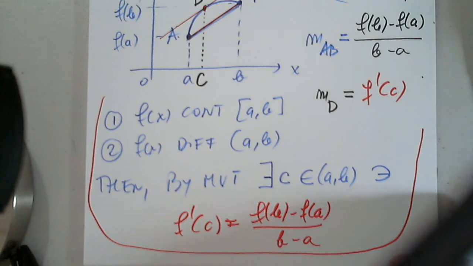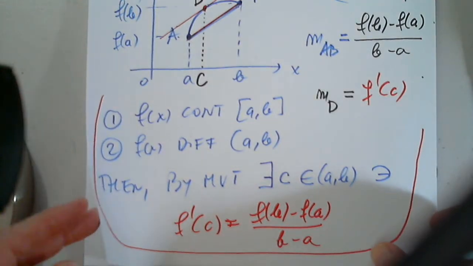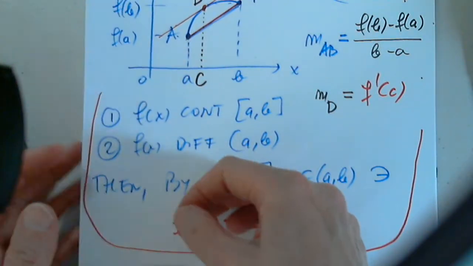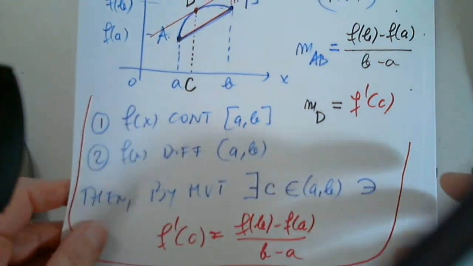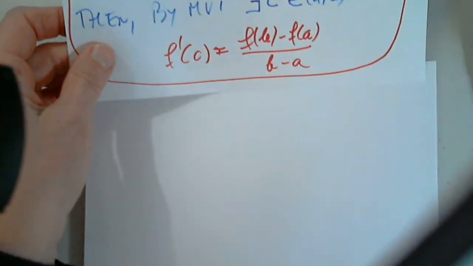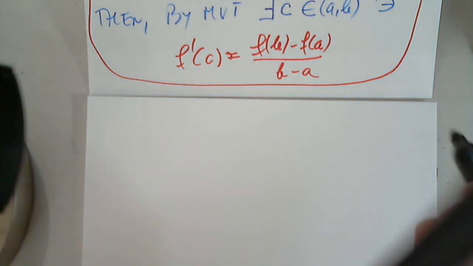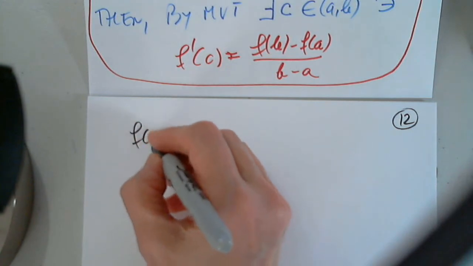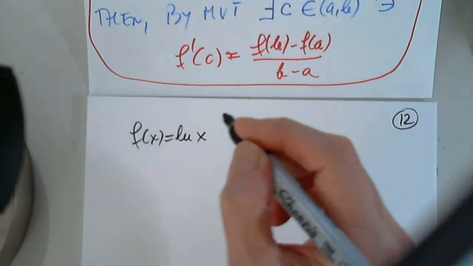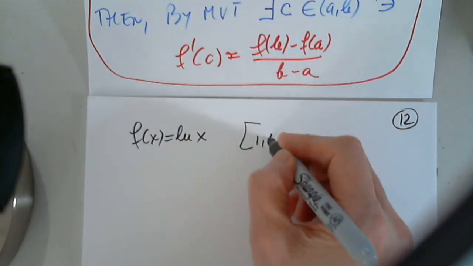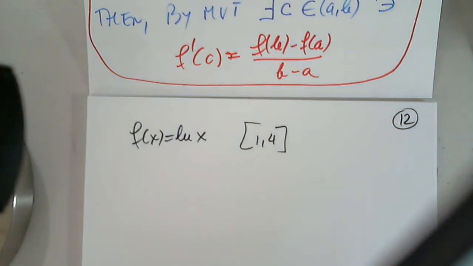Yes, let's look at a natural log. Okay, here's an example. We have f of x equals natural log x, and the interval is given to us as [1, 4].